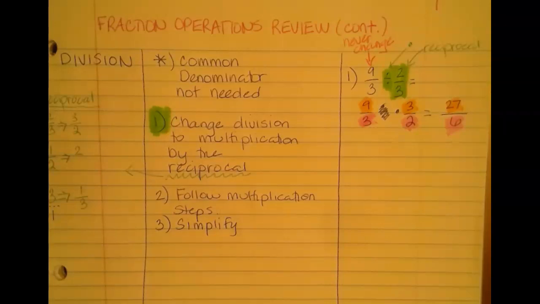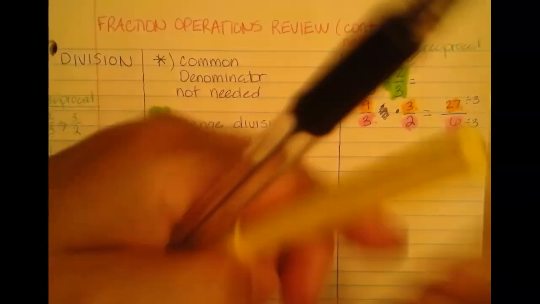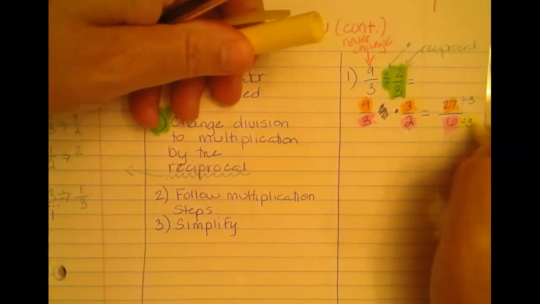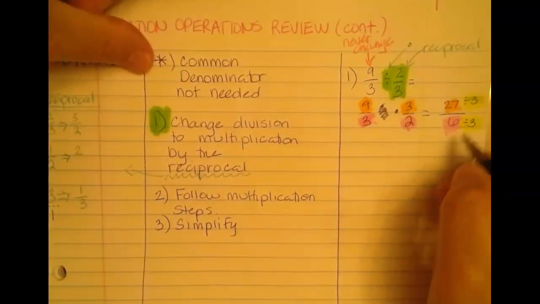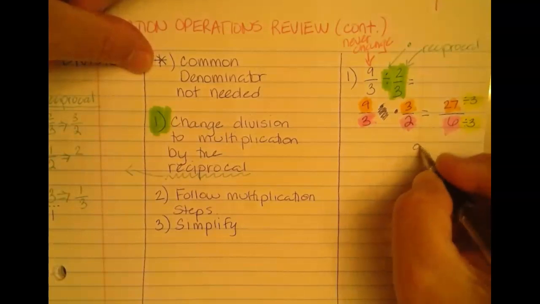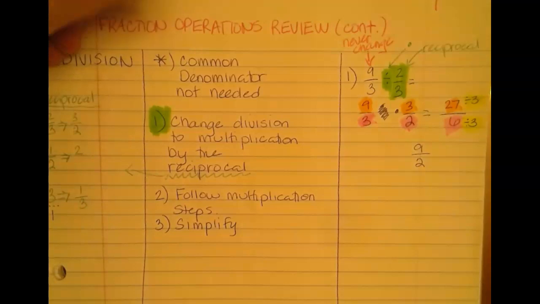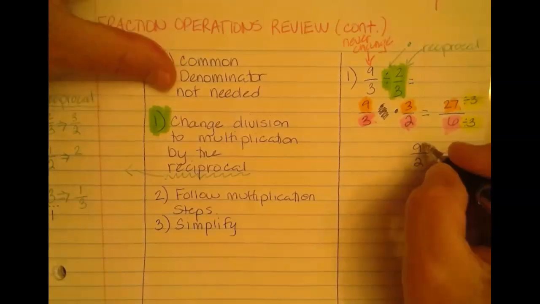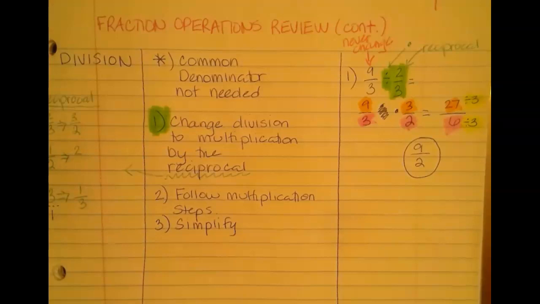So we're going to divide the top and the bottom by 3. And that's our simplification step, which I had been highlighting in yellow every time. So 27 divided by 3 is 9. 6 divided by 3 is 2. Now remember, that's improper, but since we're going to be working mostly in algebra, we're not going to change it to a mixed number just yet. We would completely solve the algebra problem before we did anything like that, okay?